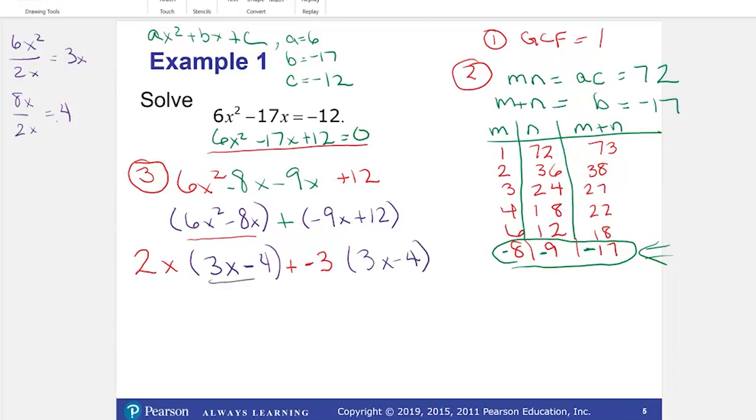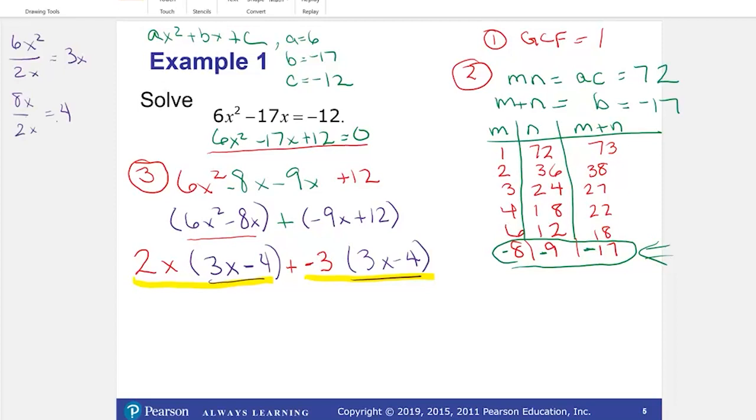Now, notice that we have two terms. Terms are always things multiplied together. So this is one term, and this is one term, and it's separated with that plus, or actually it's going to be a minus, right?